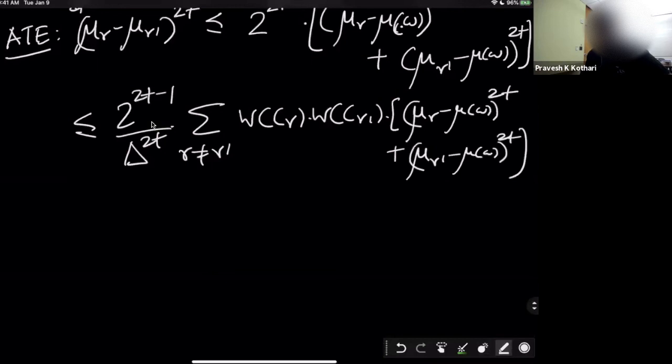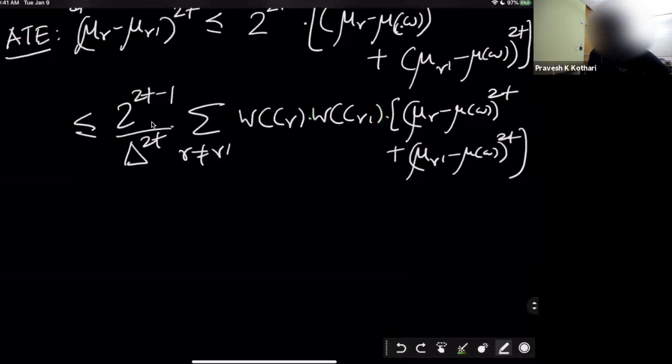Still with me? Good. So now notice that the first term here does not depend on r prime. So I can just sum over r prime here. Even though I only have to sum over r prime not equal to r, if I sum over all r prime, it's only an upper bound. Which means that for the first term, if I sum over all w(C r prime), I get at most 1, right?